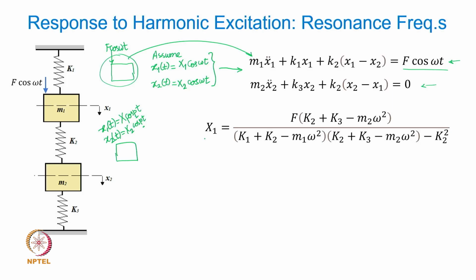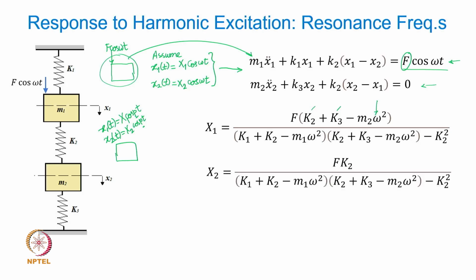Don't worry about what all is there. Obviously you are observing that they are all functions of the system parameters k1, k2, k3, m1, m2 and f, as you can expect, because it is going to be dependent on the magnitude of the force, and of course the excitation frequency will appear.